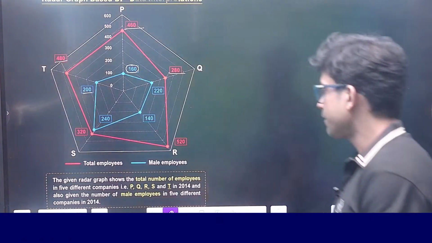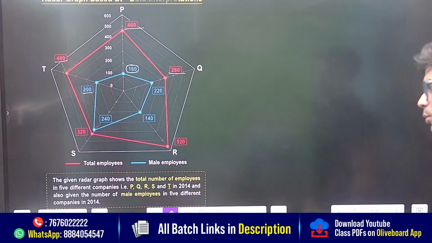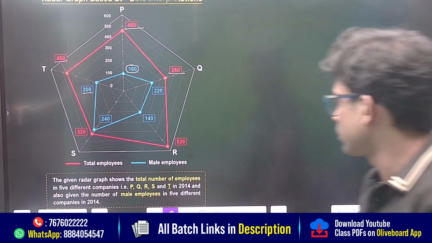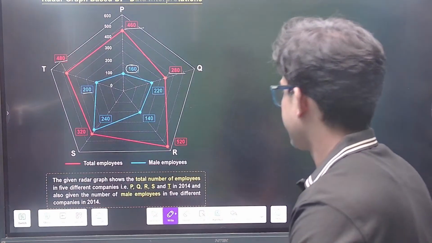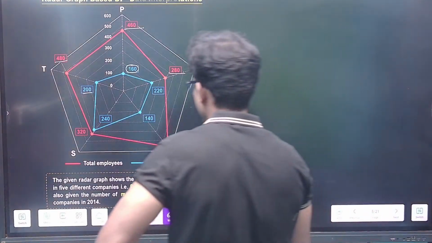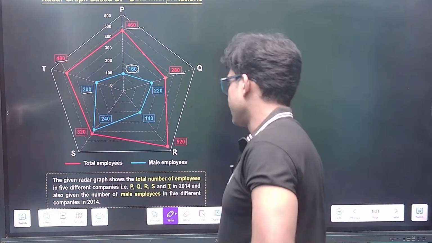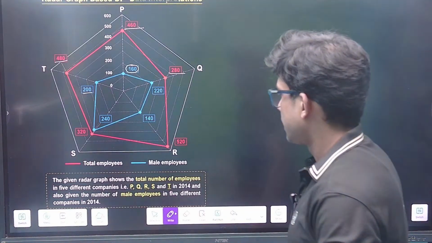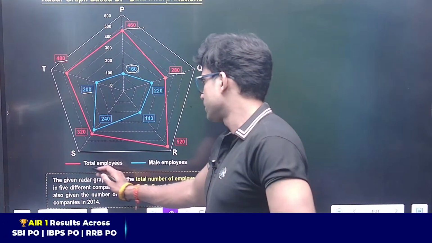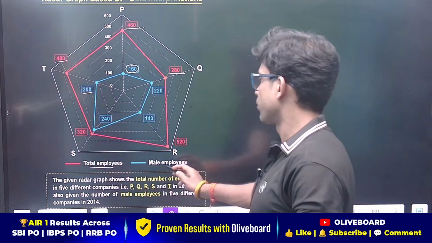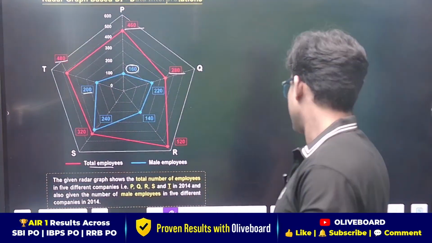The given data graph shows the total number of employees in 5 different companies, P, Q, R, S, T, in 2014, and also gives the number of male employees in 5 different companies in 2014. This is the total employees, the red color, and the male employees with a yellow color.